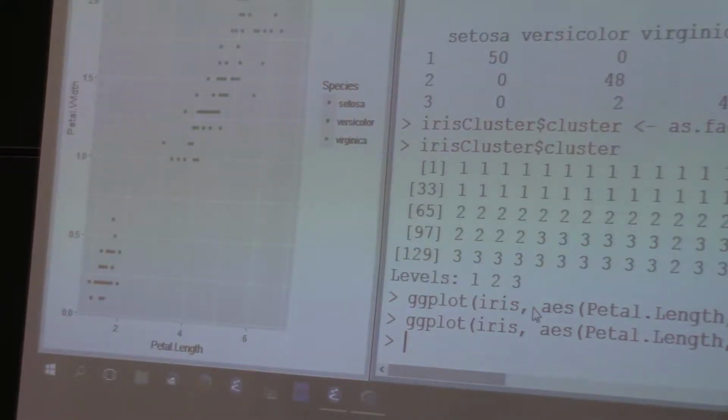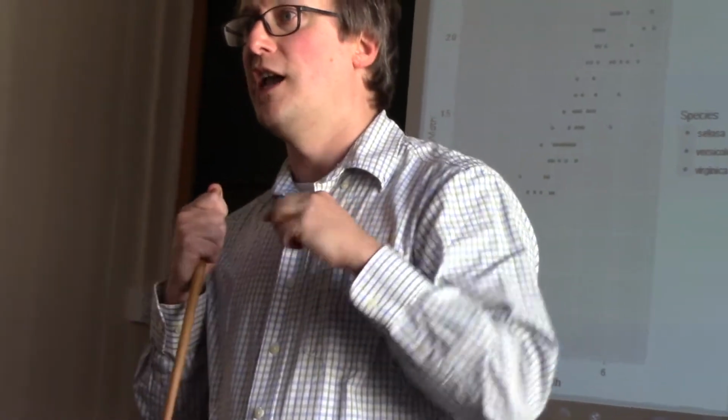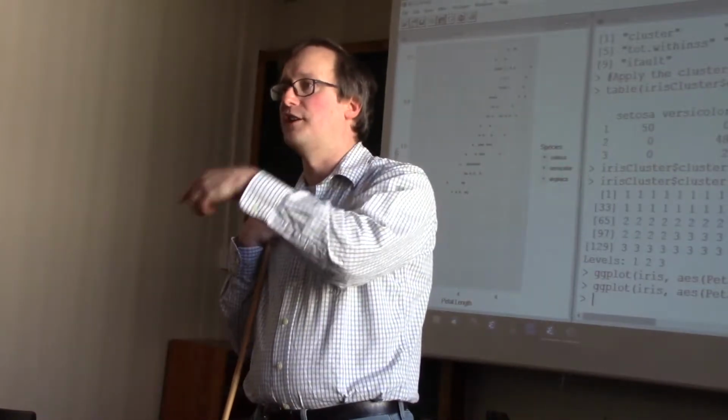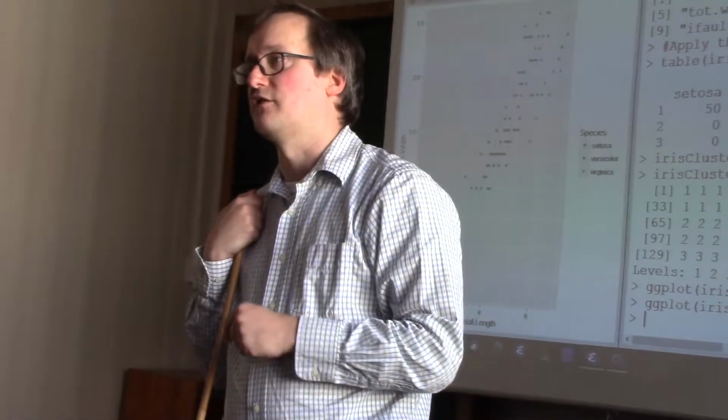Okay, so let us now switch over to a different kind of clustering. Before, we used the K-means clustering approach, which required that we knew in advance how many clusters should be there, and then the software attempted to converge on an optimal assignment of our data points to those clusters.